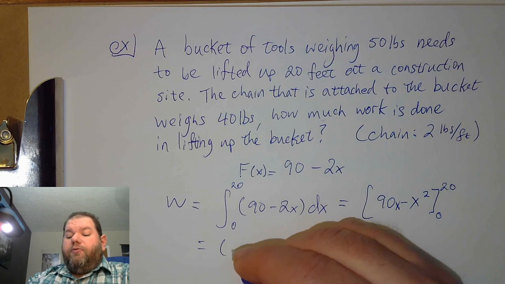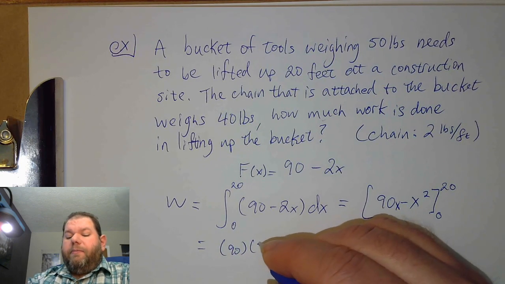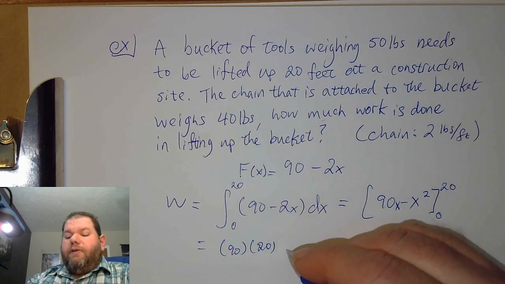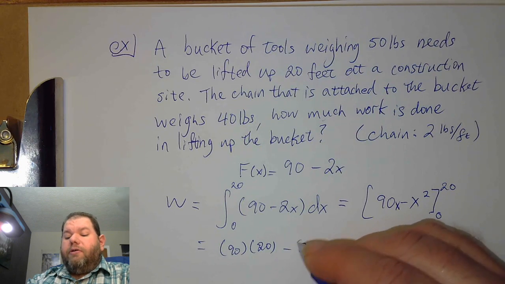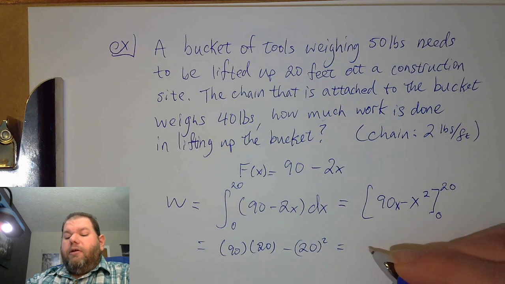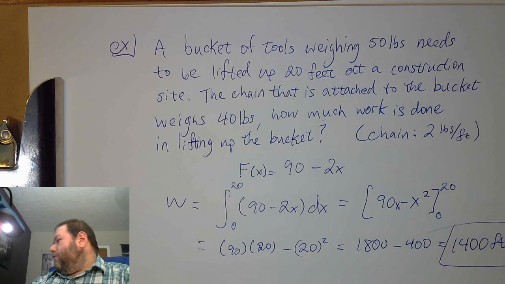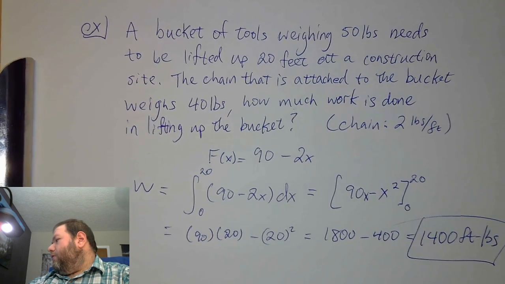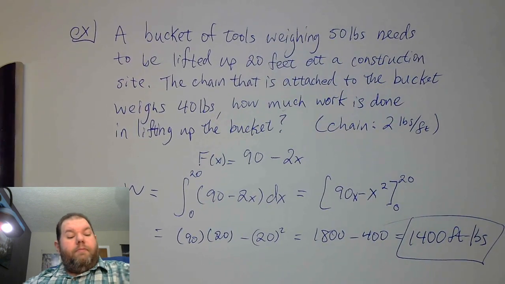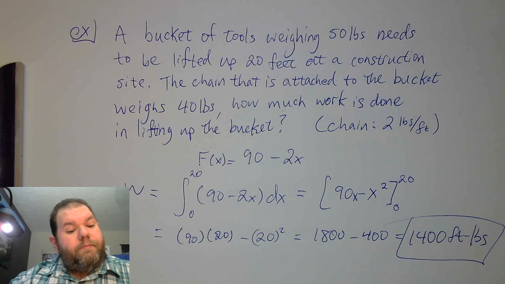So 90 times 20 minus 20 squared. So it gives 1800 minus 400, which is 1400 foot-pounds. Okay.